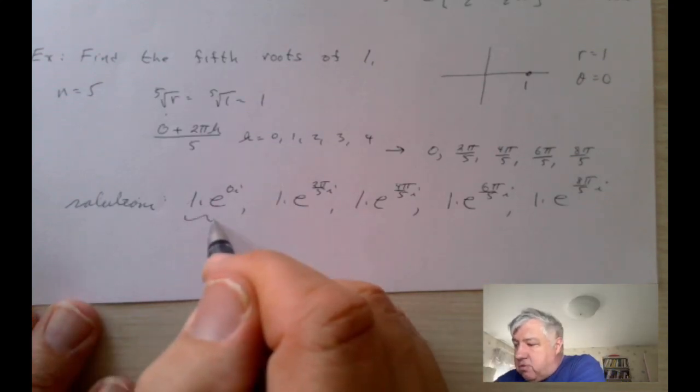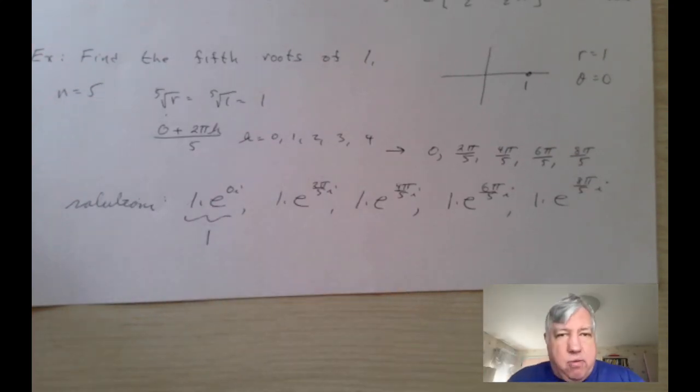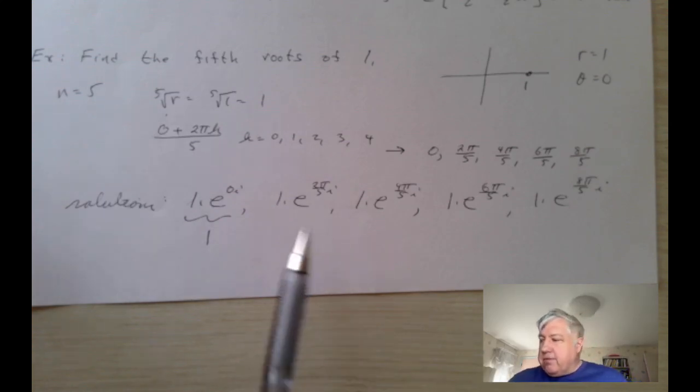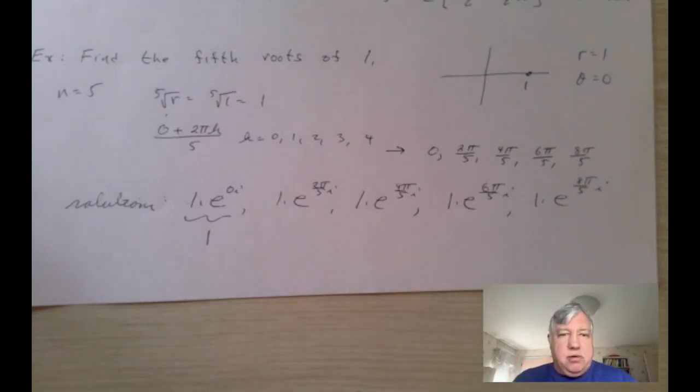And again, this is just going to be 1. We already know that 1 is a 5th root of 1, of course. But then these are going to be the other non-real solutions.